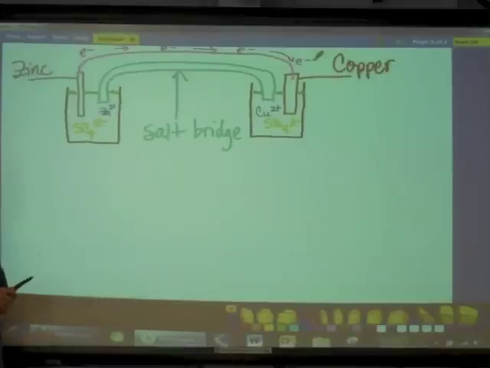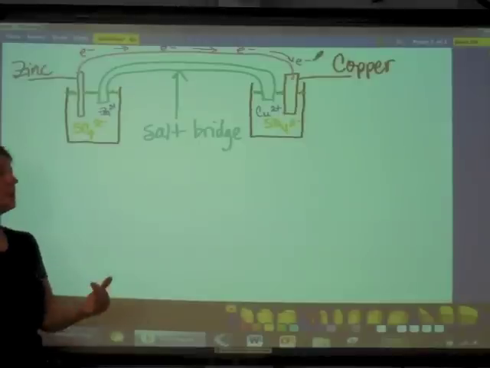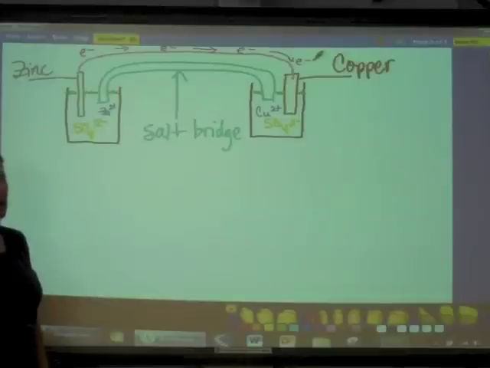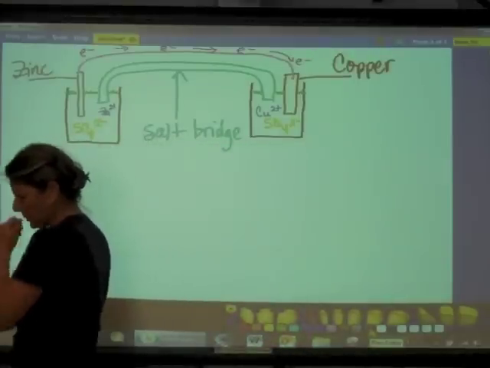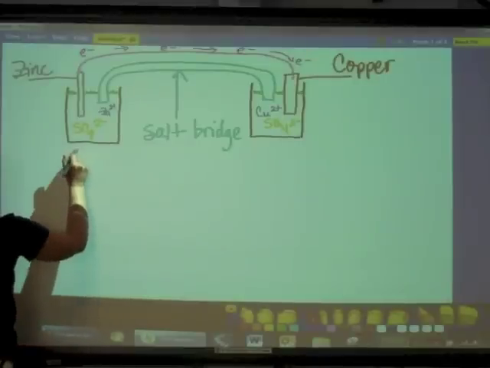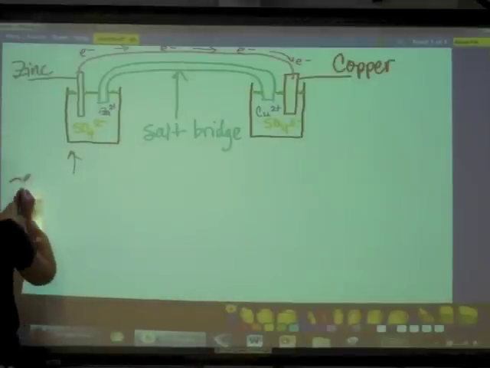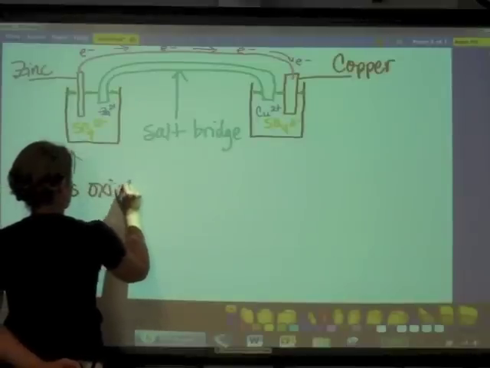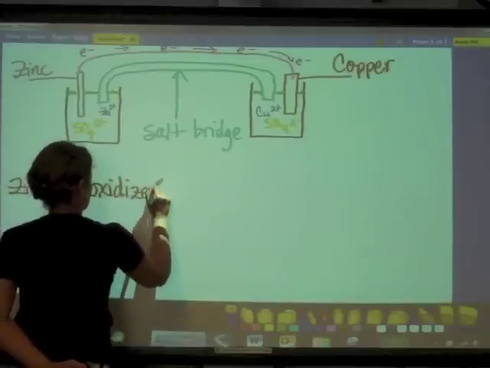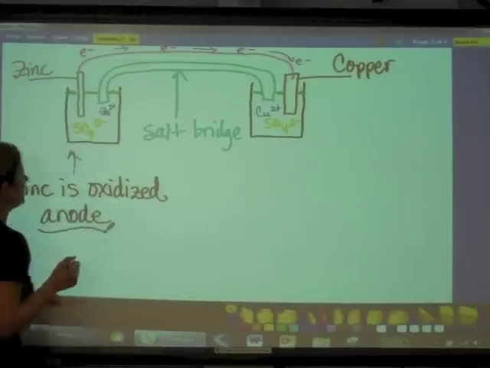Okay, now we have special names for these electrodes depending on what's happening at them. Are they being oxidized? Are they being reduced? An-ox, red cat, meaning that this zinc is oxidized, so this is the anode.